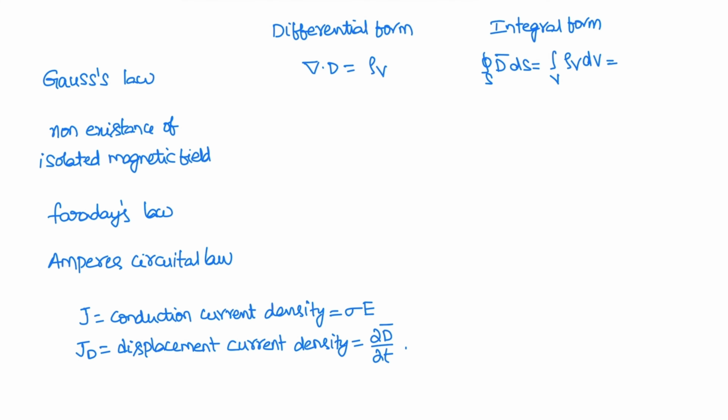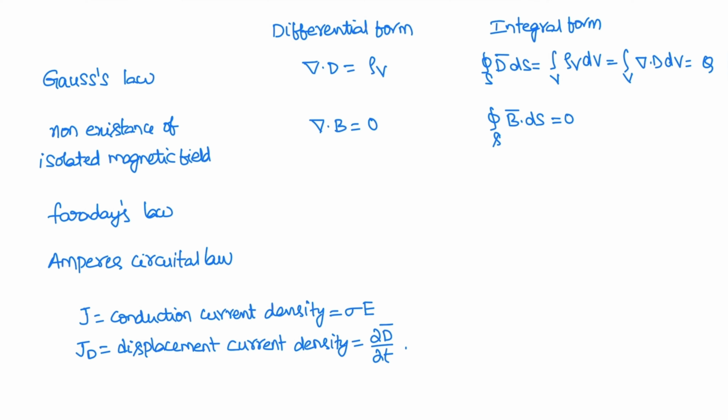That is the volume integral of del dot D dV, which is the charge enclosed. Similarly, Gauss law for magnetic field, del dot B is equal to 0, and the closed surface integral of B bar dot ds bar is 0, showing the non-existence of isolated magnetic charges.